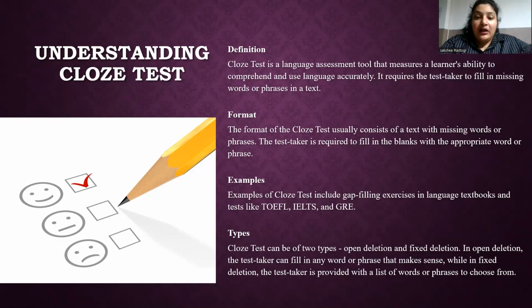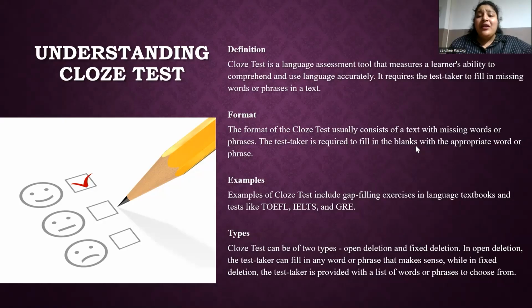Authentic cloze uses real-life materials such as news articles or videos to create a more authentic assessment experience. Technology-enhanced cloze uses technology to enhance the assessment experience, such as automatic scoring or interactive feedback. So these additional types of cloze tests offer even more options for assessing language proficiency and can be used in various contexts, including language teaching, learning, and assessment.